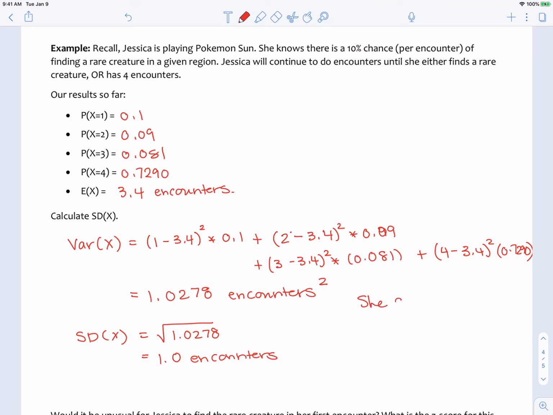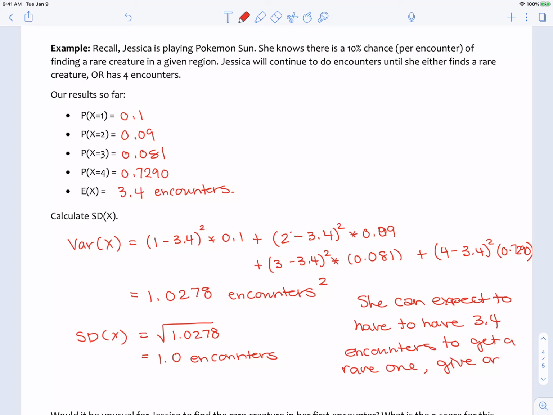So she can expect to have 3.4 encounters to get a rare one, give or take 1.0 encounters.